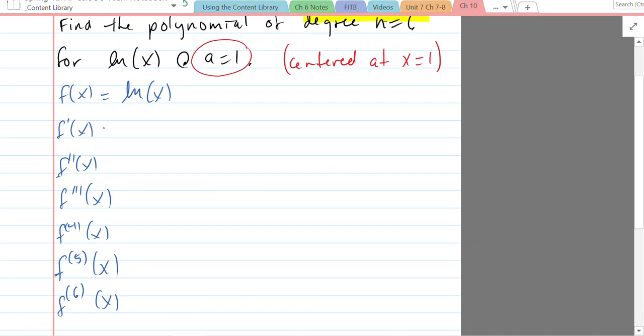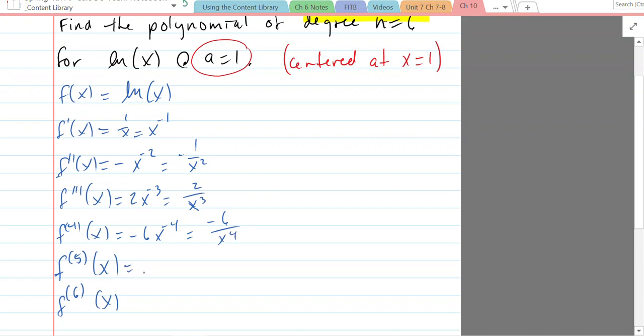So for natural log of x, its derivative is 1 over x, which is x to the negative 1. The second derivative is negative x to the negative 2, which is negative 1 over x squared. The third derivative is 2x to the negative 3, which is 2 over x cubed. The fourth derivative is negative 6x to the negative 4, which is negative 6 divided by x to the 4th.